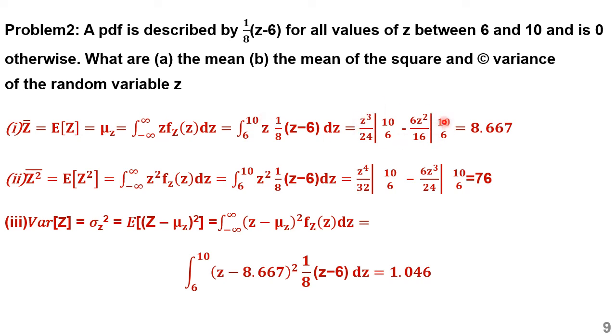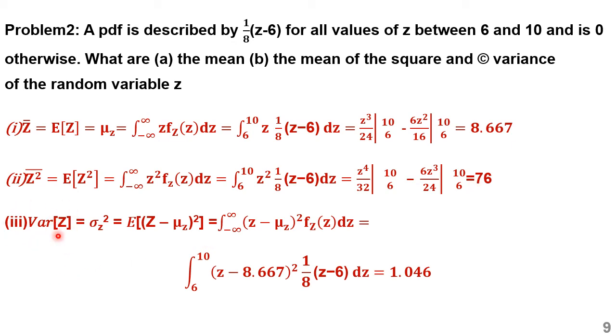When we simplify this, we get 8.667. Second one, we need to find the mean square. We integrate z square times 1 by 8 (z minus 6) dz in the interval 6 to 10. We get the answer as 76.